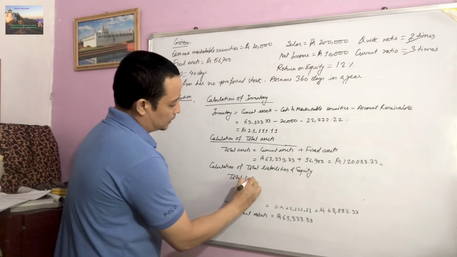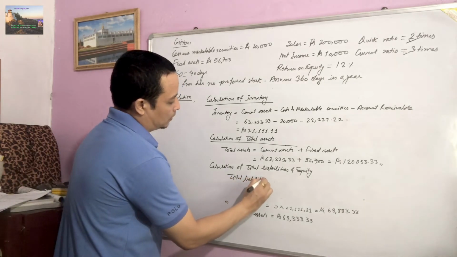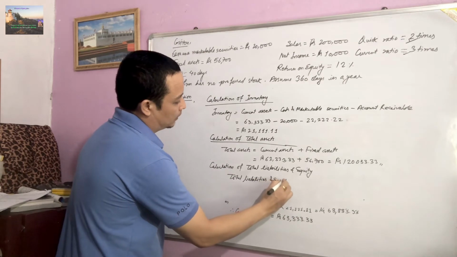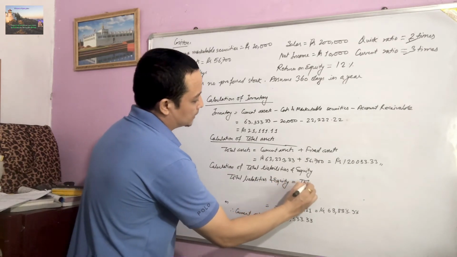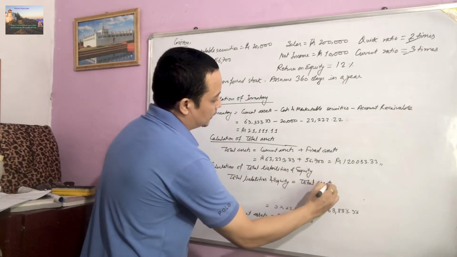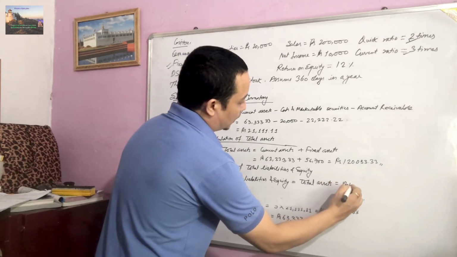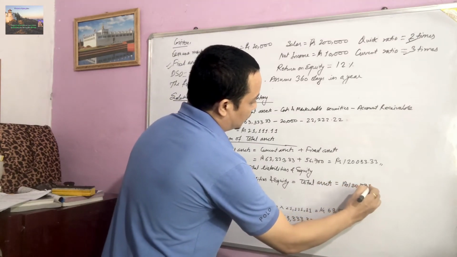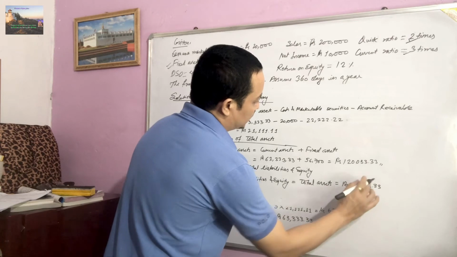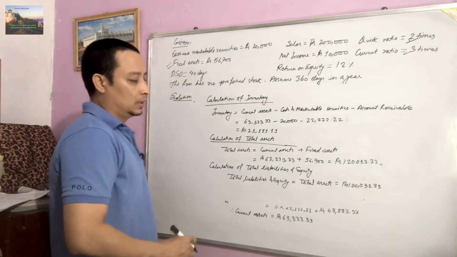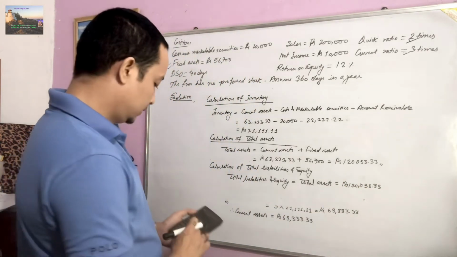Total liabilities and equity equal to total assets, which is your rupees 1,20,033.33. This is your total liabilities and equity.